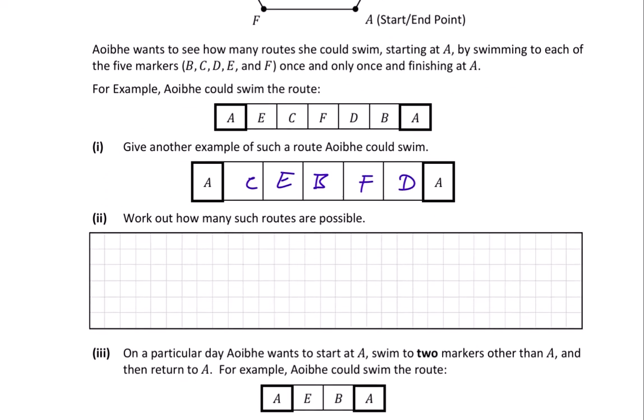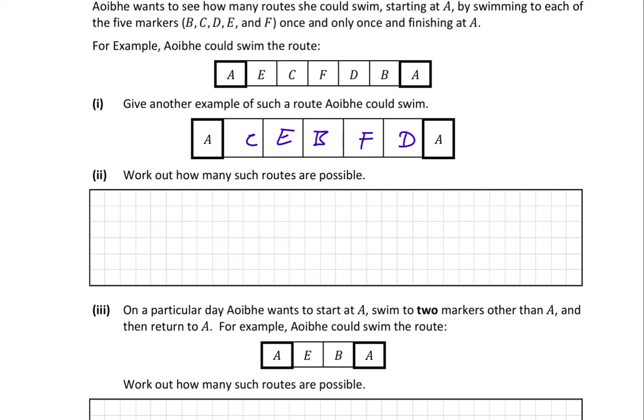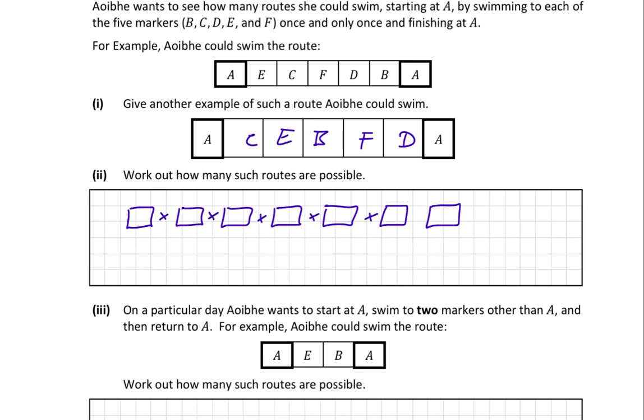How many such routes are possible is the next thing. So if we look at this kind of thing here, I'm just going to draw some boxes here. So I've drawn 7 boxes here. We're going to multiply the numbers in these boxes here. Now she must start at A, so that means there's only one possibility here, and that's A. At the end, she must finish at A, so there's only one possibility at the end, and that's A as well. So in between then, how many possibilities has she got here?